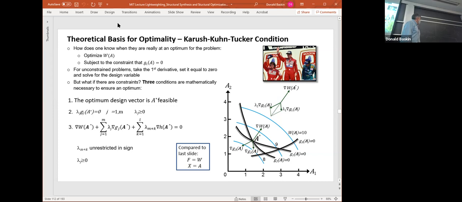So let's say that we know the function g of x goes crazy like this. So this is g of x1, x2 equals 0.